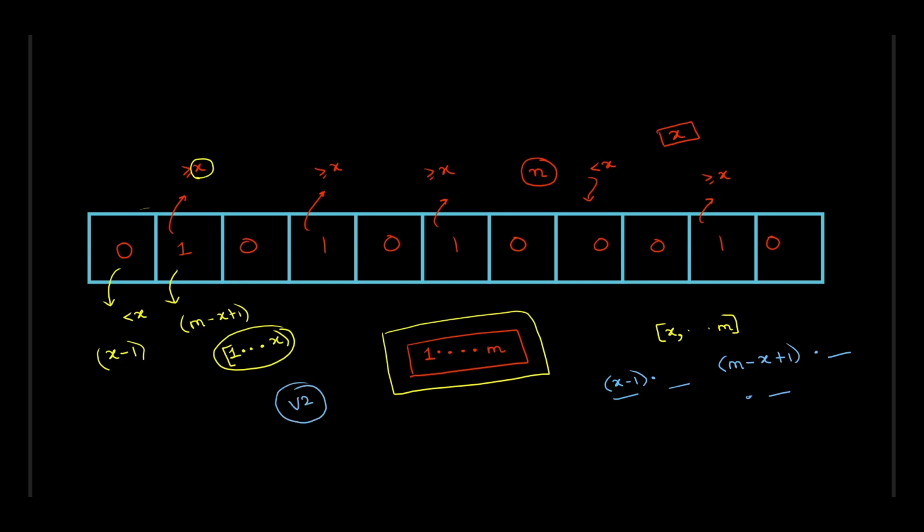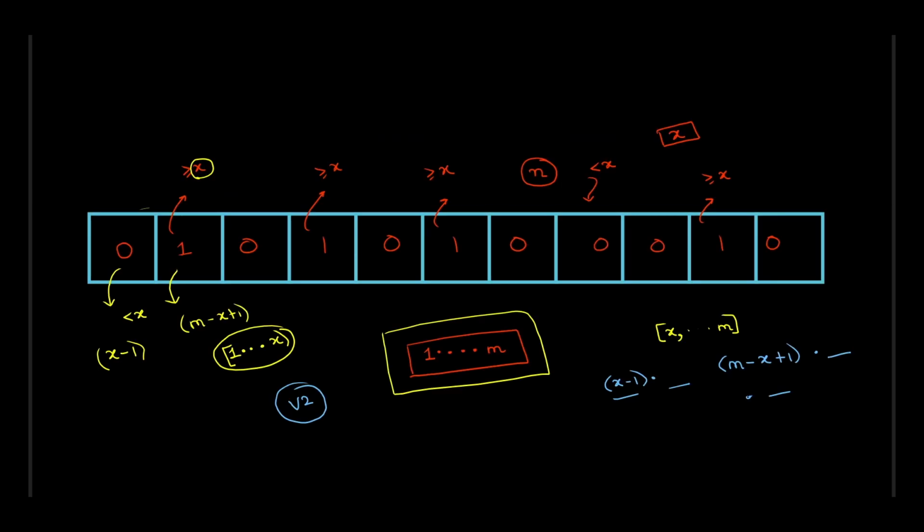Now let's move on to version 3 of this problem, where you are given an array of length n. In the previous version, you were given a fixed bitmask and a fixed x, and you had to compute the answer for this.